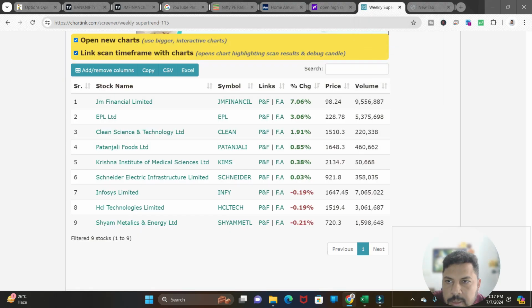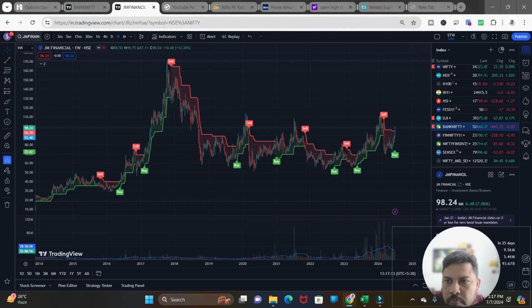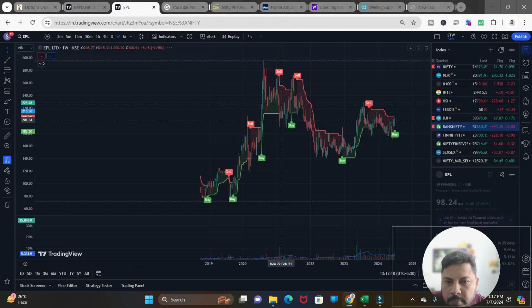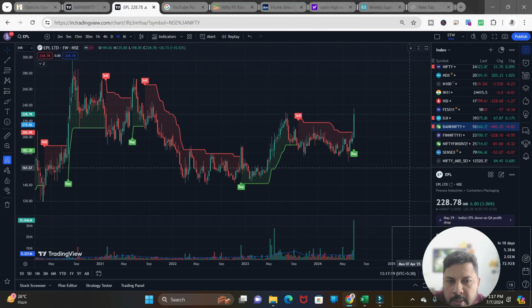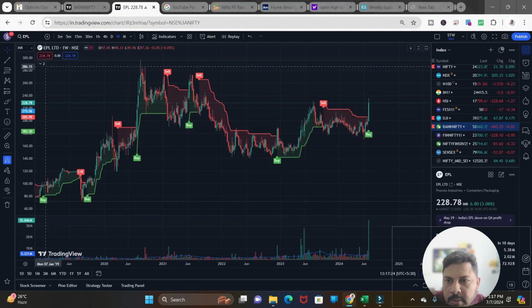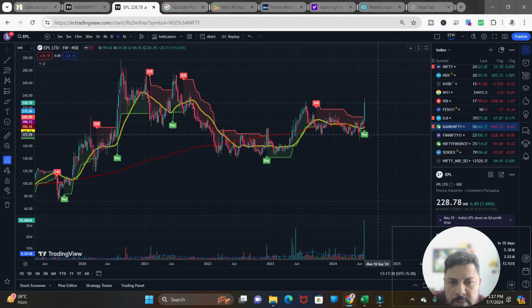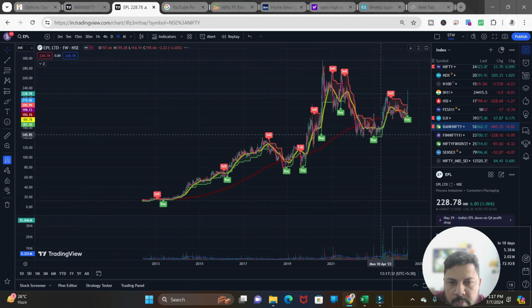Next is EPL. EPL has given a good breakout with volume. Let's put the 200 and see where it is. It is bouncing from 200, which is a good spot for you to buy.